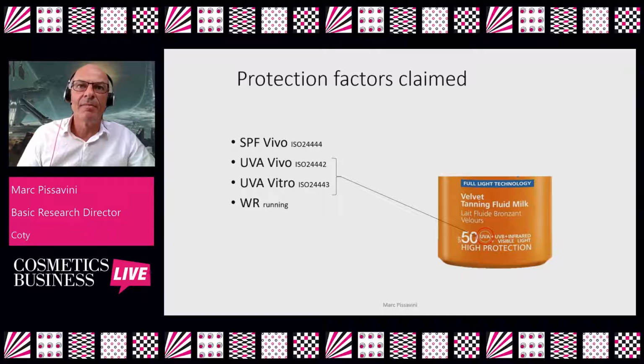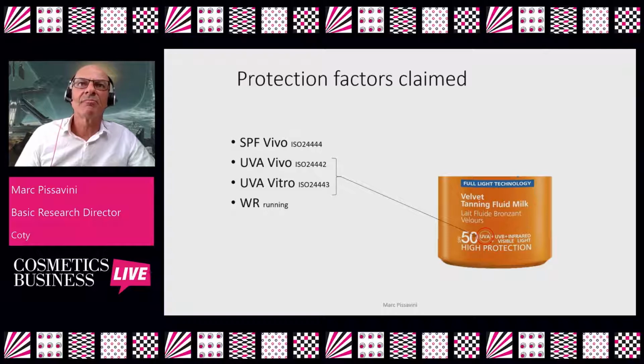The UVA, at least in Europe, could be measured by another in vivo method, the 24442 or the 24443. And sorry, I made a mistake here. The water resistance is now challenged by another ISO method. Then you can claim the water resistance also thanks to an ISO method.